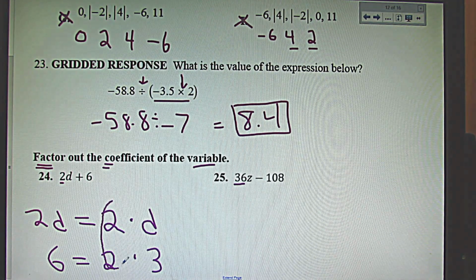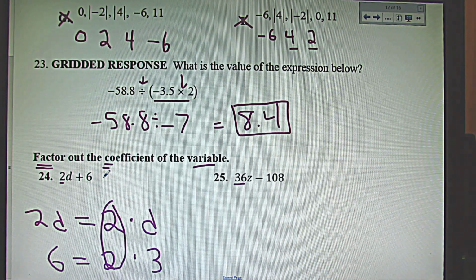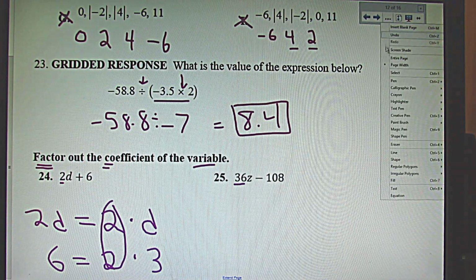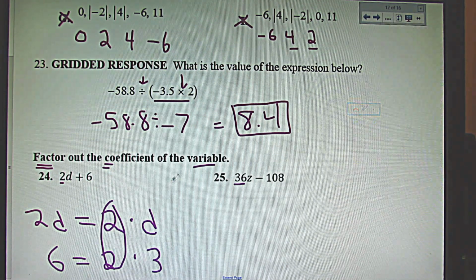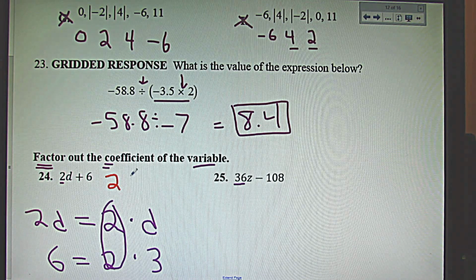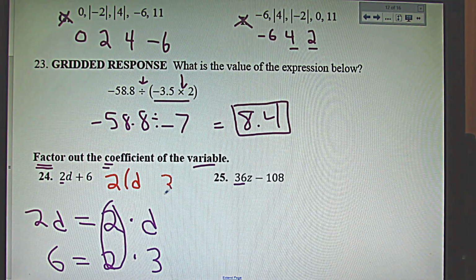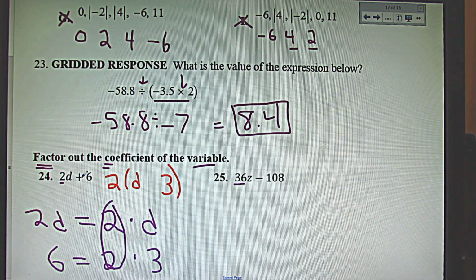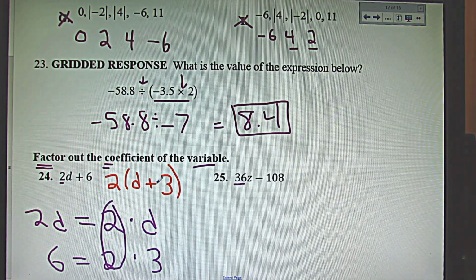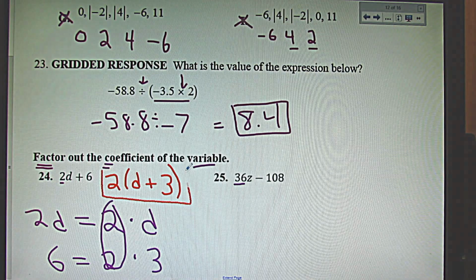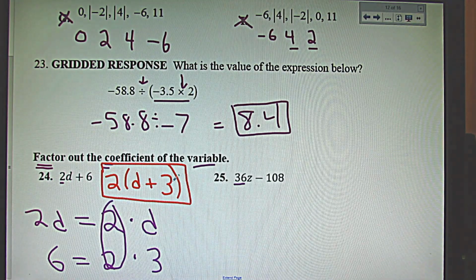Now that these are in common, my final answer will have 2 out in the front. We'll have a d, we'll have a 3, and my final answer, just like my original problem, will have a plus sign in it. My final answer is 2 parentheses d plus 3.